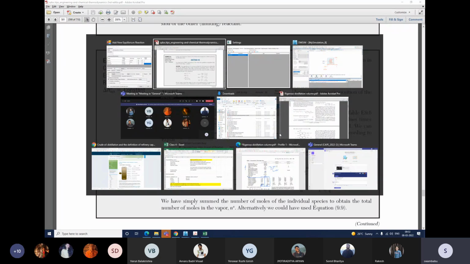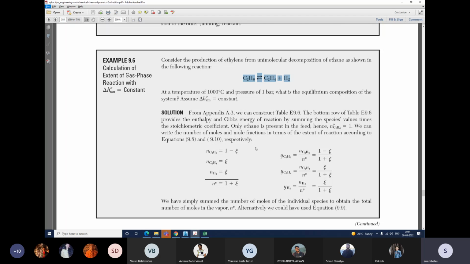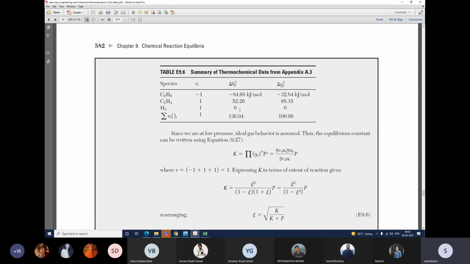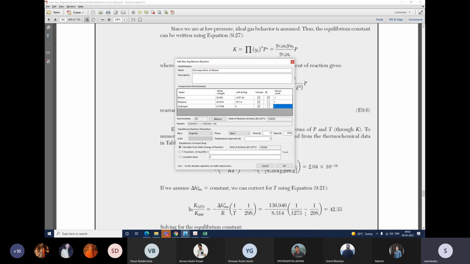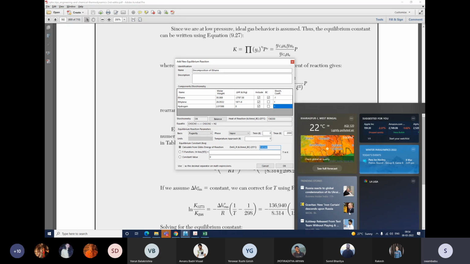Now, one thing I wanted to show here. They have taken delta H of reaction as constant, and you can see delta G of reaction is 100,990. You can cross-check, it is close to 100,360.